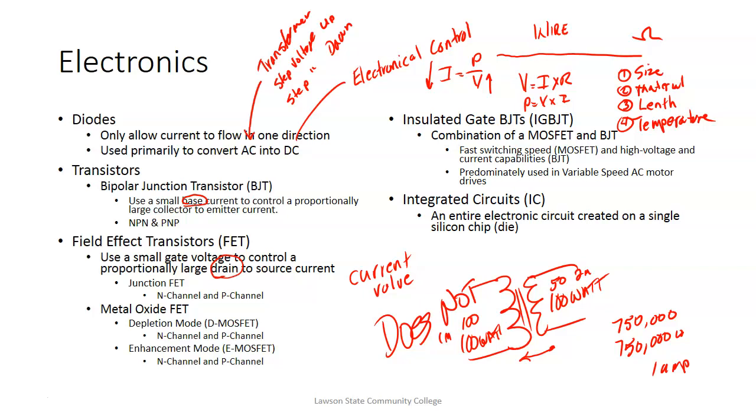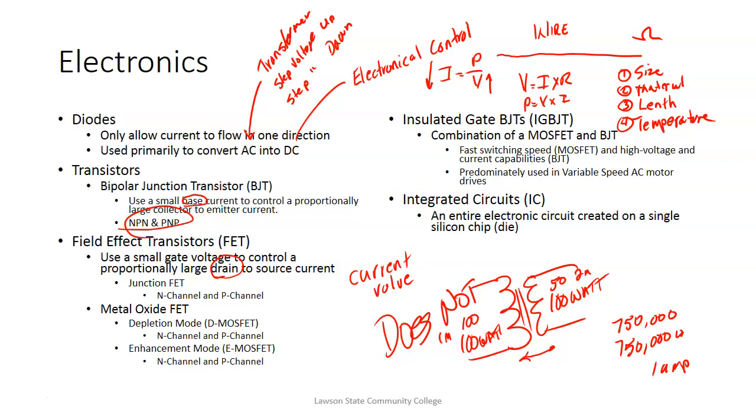The drawback is they can't handle a lot of power or real high voltage. But we'll run into both of these. So most of your sensors will use a lot of FETs, but when you get into actually having to provide or control a lot of current, it'll probably use a BJT. So when we get into sensors, these two guys right here are going to come up again, and we'll talk about those.